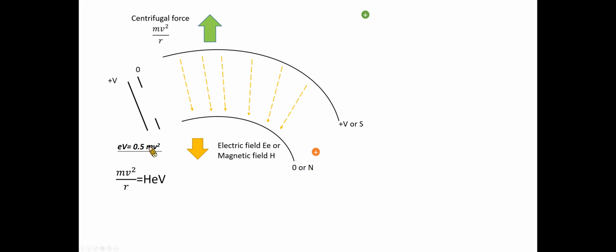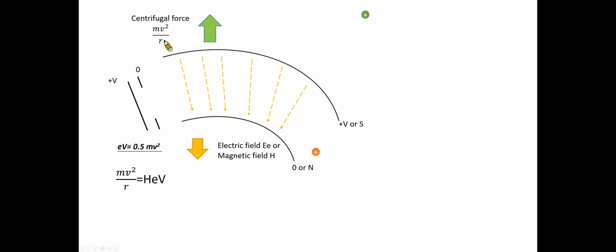Additionally, there's one more force here because the ion is being forced through the curved path. We have a centripetal force as well. So we have a force going up and a force going down. The centripetal force is mv squared over r.